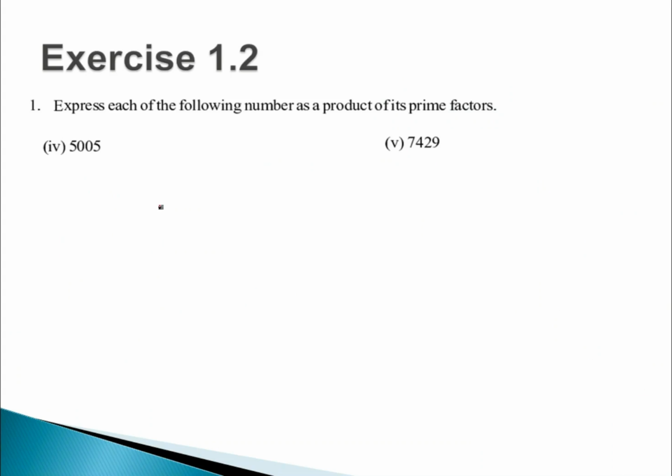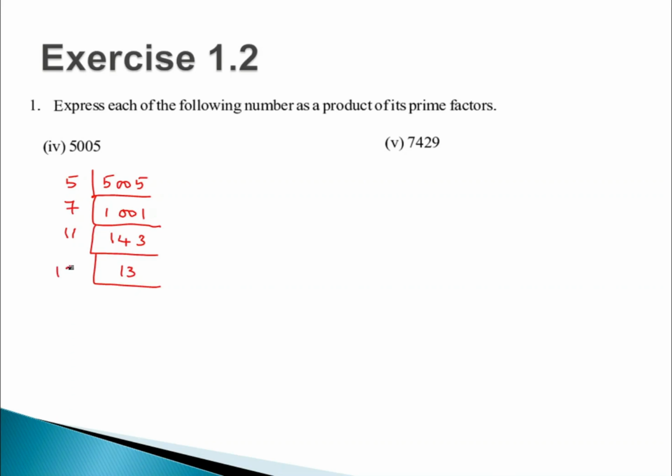Yeah, here I'm having 5005 again, right? So if I'm dividing it by the 5th table, we get 1001. This divides in your 7th table, and the resultant is 143. So this is your 11th table, so this becomes your 13.